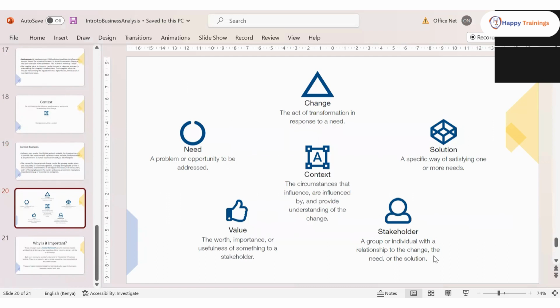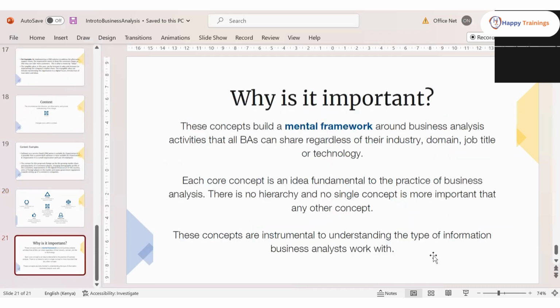Stakeholder: a group or individual with a relation to the change, the need, or the solution. Value: what the change, the need, or the solution that has been proposed will bring to the organization or to the stakeholder. And overall, the circumstances that influence, are influenced by, and provide understanding of the change is the context of that. Why is it important?